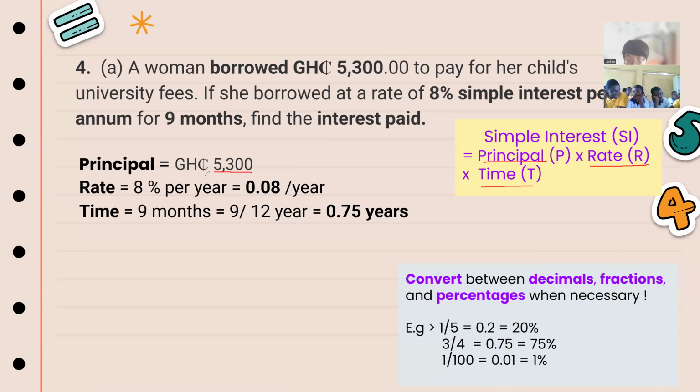The rate is 8% per year, or 0.08 per year. And the time is 9 months. And you don't use the number 9. Why? Because 9 is in months, right? We need to convert that into years, because per annum means per year, right?